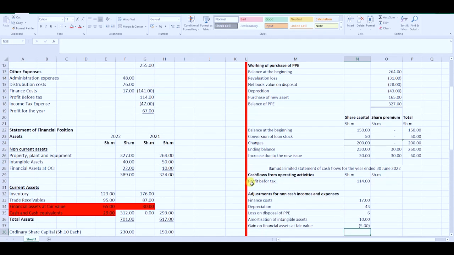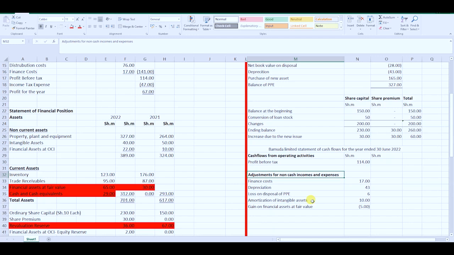And I can see there's a slight error over here. Profit before tax, like that. So once we have the gain on financial asset at fair value, then we can do the adjustments for incomes not correctly classified.